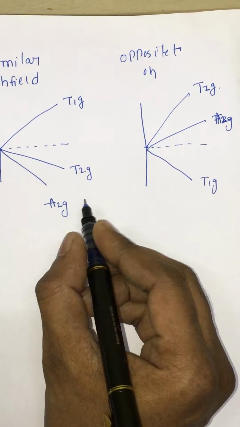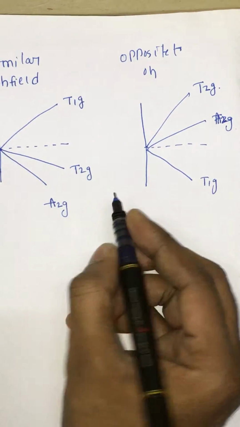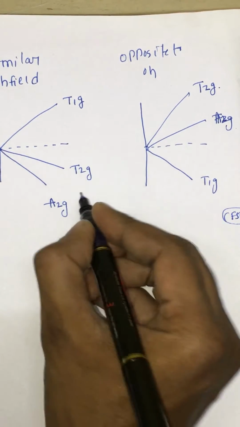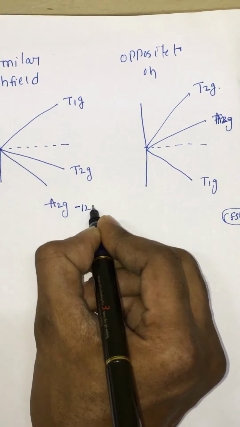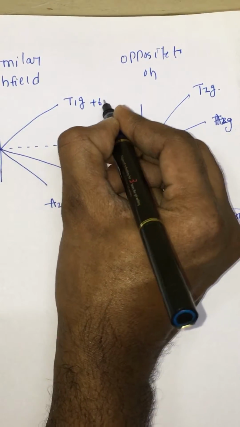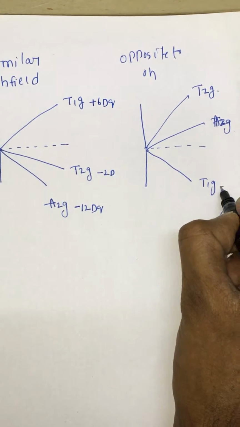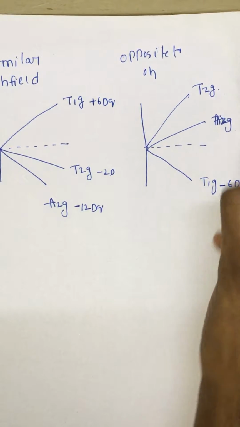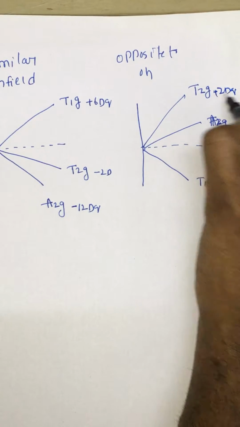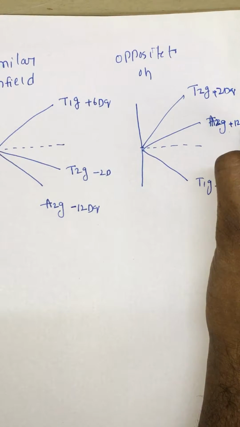The energy of each term is very important while calculating the CFSE value. This energy is 12 Dq, this is minus 2 Dq, this is plus 6 Dq, and similarly here is minus 6 Dq, this is 2 Dq, and this is plus 2 Dq, this is plus 12 Dq.